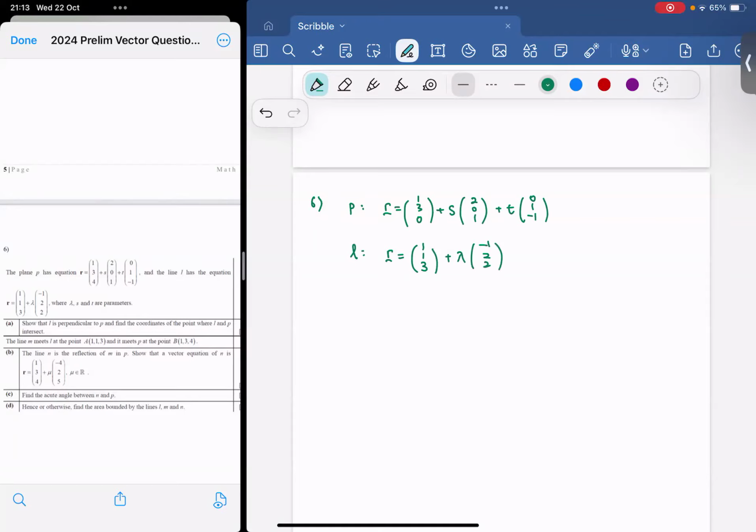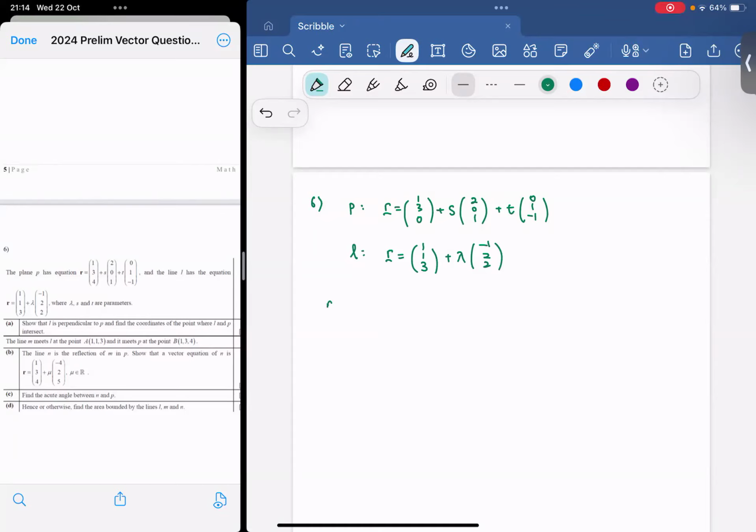Show that L is perpendicular to P. If L is perpendicular to P, then as long as the direction vector of L is a multiple of the normal vector of P, L is perpendicular to P.